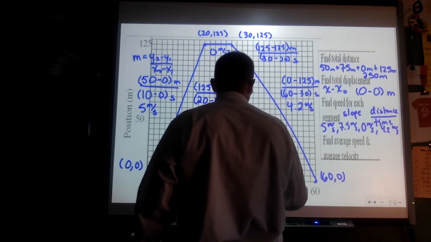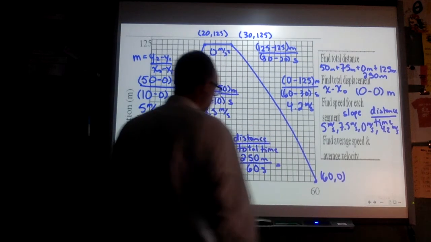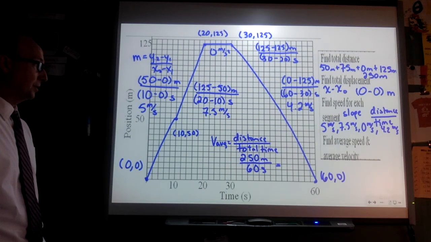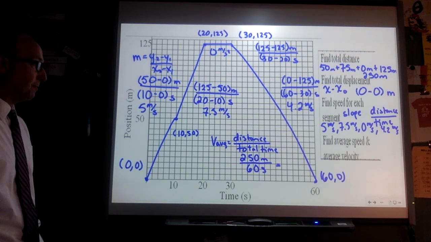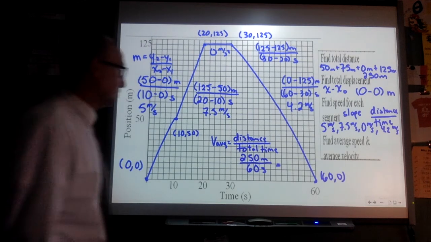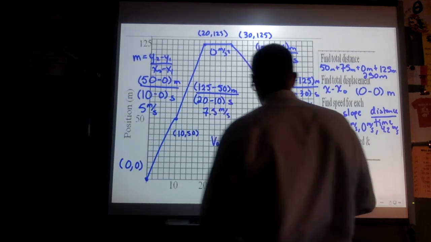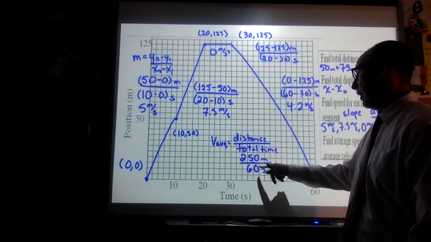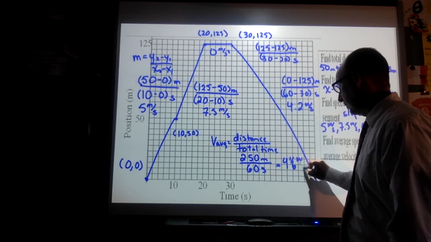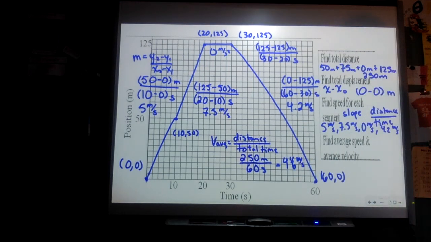And this 250 meters is going to take it 60 seconds. So my average speed is going to be 250 over 60, which is going to be 4 1/6 meters per second.